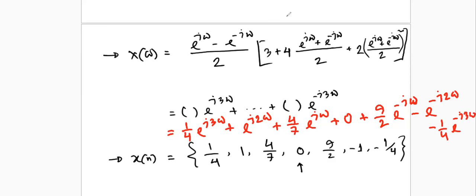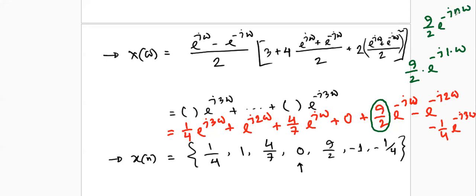From each and every notation, we can understand. For example, this is 9/2. Then 9/2 is multiplied with e to the power minus j 1 into omega. This is actually 9/2 e to the power minus j n omega. So what is the value of n here? The value of n is equal to 1. So that is the first sample location, and this is the value for n equals 1.